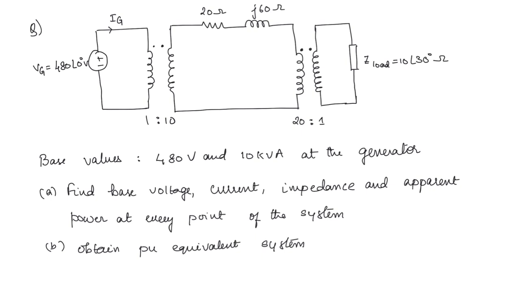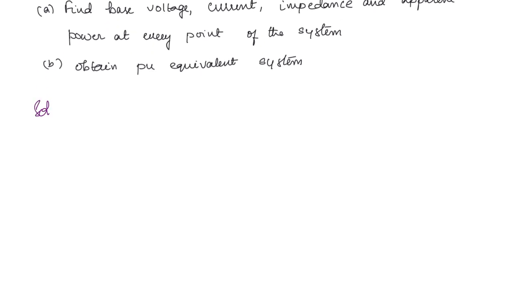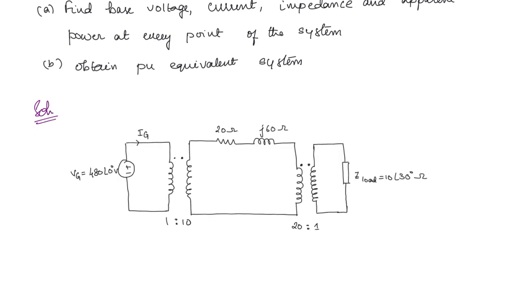So whenever we have a transformer, we saw that the MVA or the kVA is going to remain the same on either side, but the voltage levels are going to change, the base voltage levels. So we will see how to solve this. First we will redraw the circuit. Now let us say this is transformer 1 and this is transformer 2.